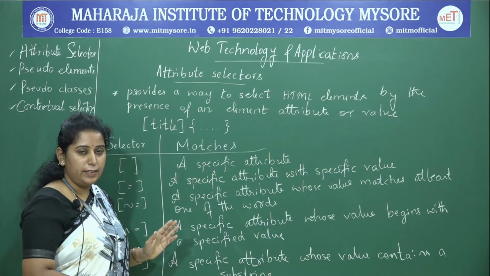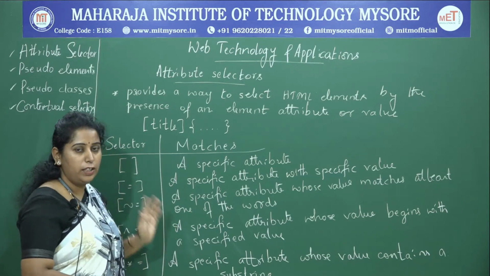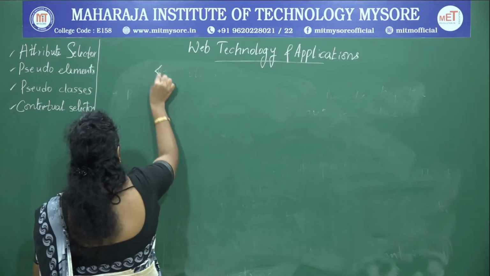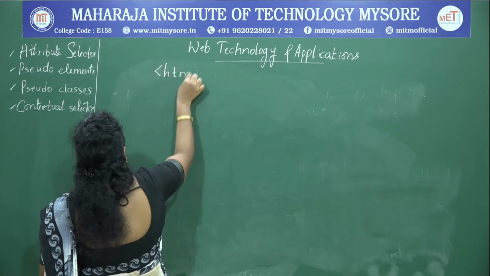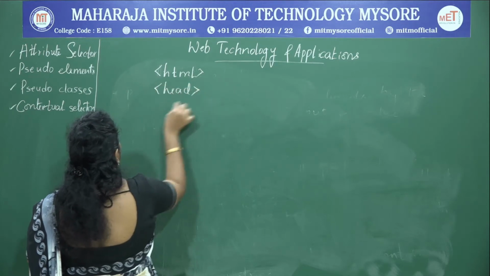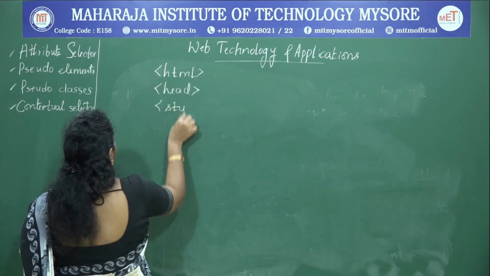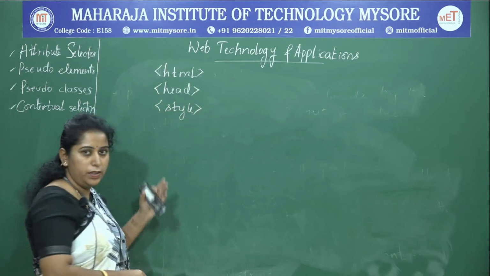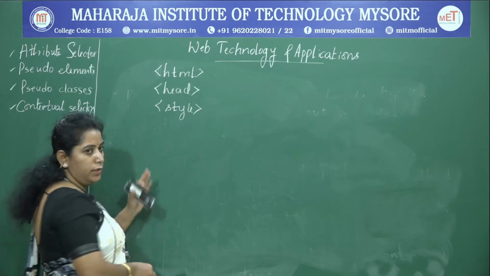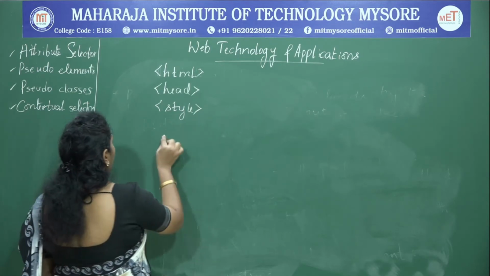I am going to take an example on this topic so that you can understand it easily. Take an example like this: HTML, head, style. CSS means obviously we are supposed to make use of a style tag.